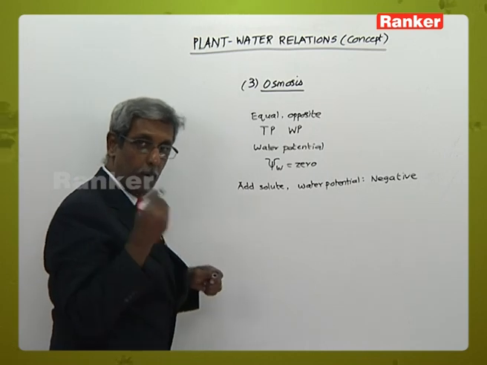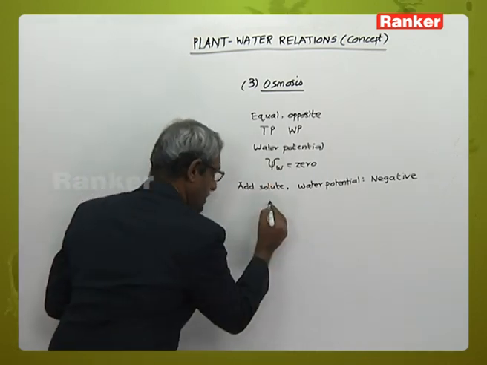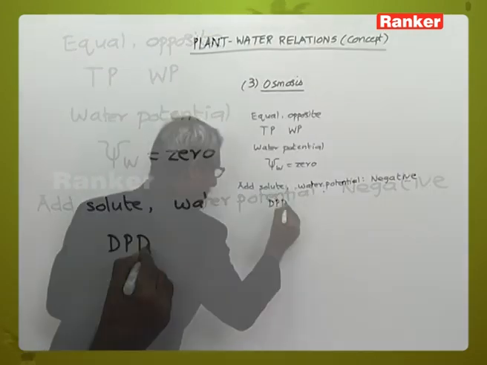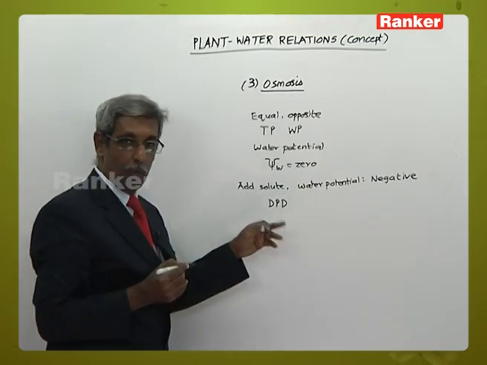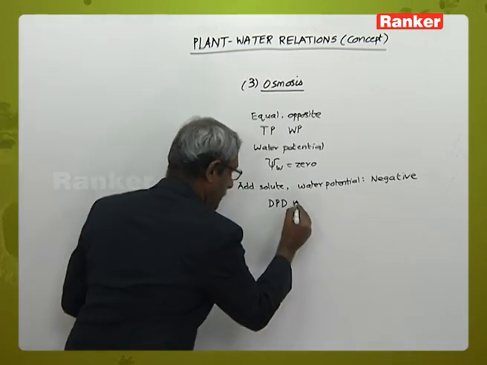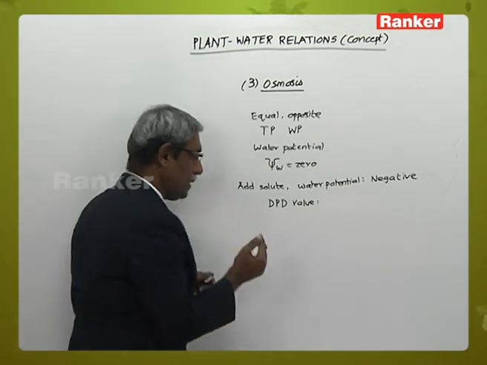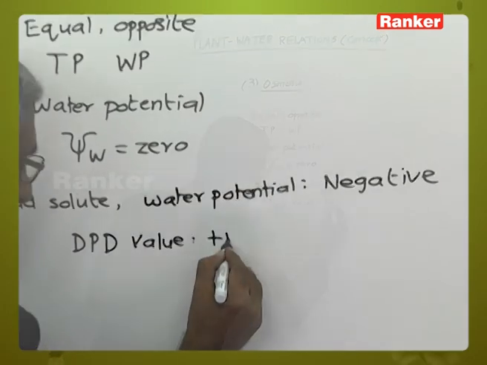The older concept was you attribute to water potential as diffusion pressure deficit. DPD was an older term which was used for water potential, and the value of DPD in any equation is given as a positive value.